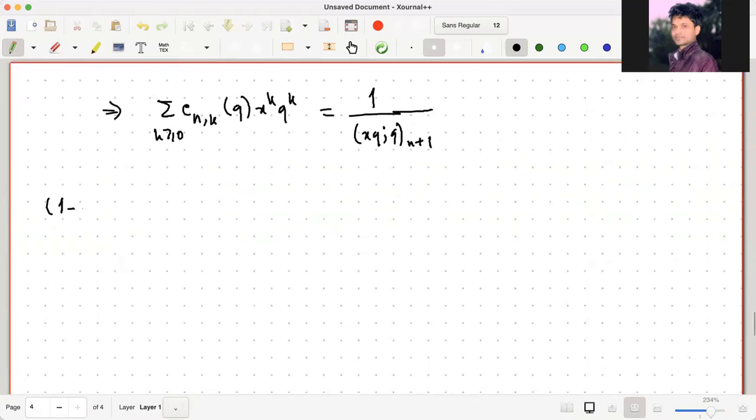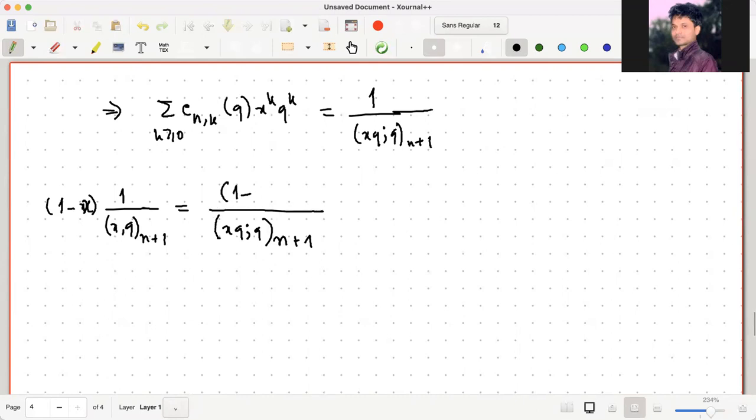Again, 1 minus x over (xq; q)_{n+1}: the 1 minus x will get cancelled, and I'll be left with (xq; q) on the bottom. It will end at n, but if I write n plus 1, then I have to multiply it by something, and that is 1 minus xq to the power n plus 1. So in this case, I am cancelling out the last factor, and here I am cancelling out the first factor.